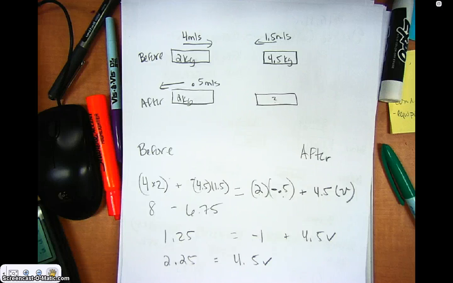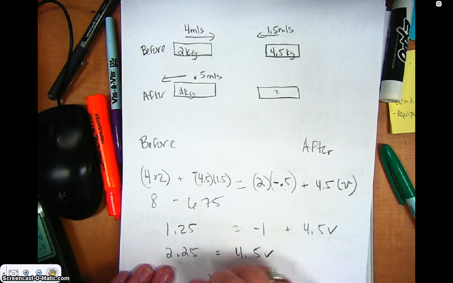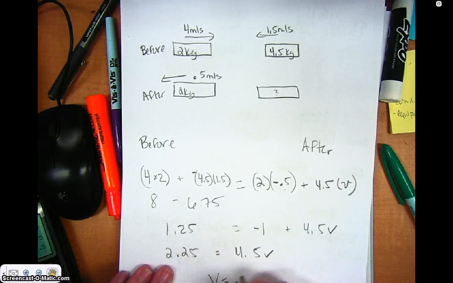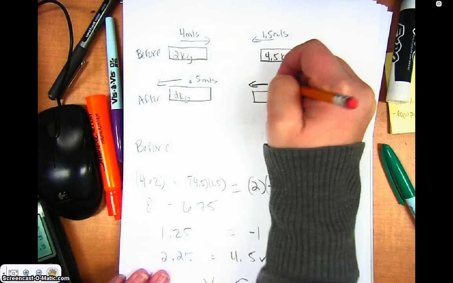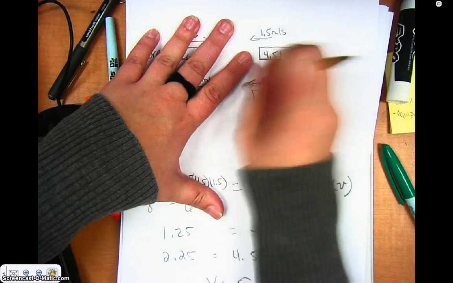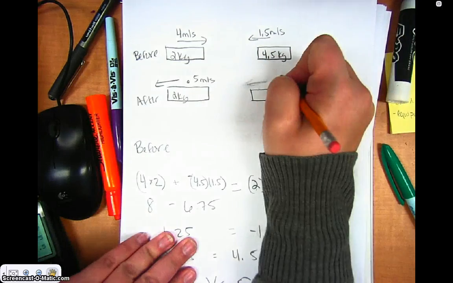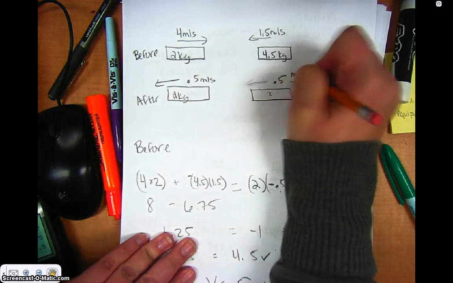And I get 0.5. So the velocity of this one is equal to 0.5 meters per second. So he would be going positive in this direction at 0.5 meters per second.